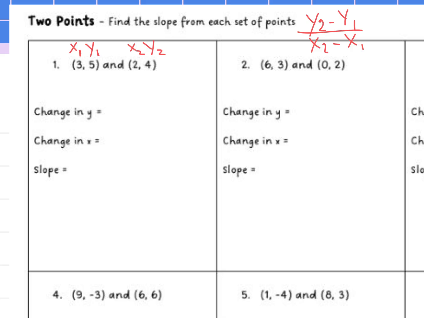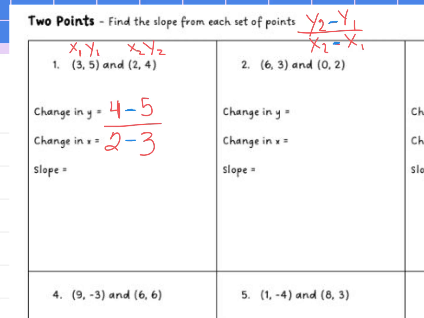What's my y2? 4. And then I have this minus from my formula, right? y2 minus, what's y1? 5, over x2 is 2, and I have my minus from my formula, and my x1 is 3.